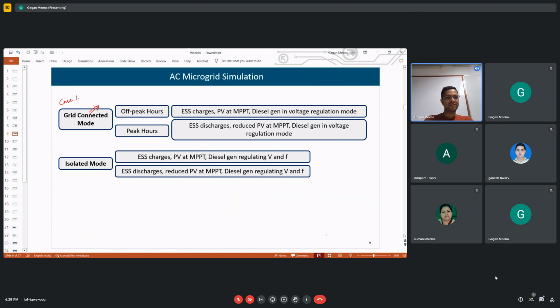Even if the wind speed is reduced, we will change this beta using pitch control such that we track this and operate at this point. So both solar and wind have these MPPT algorithms.